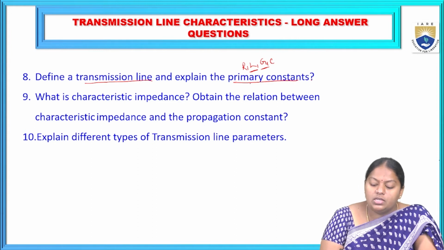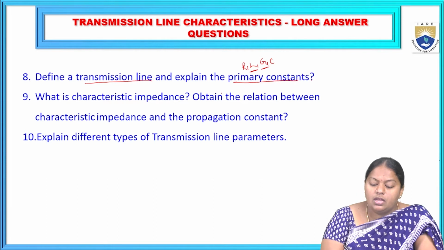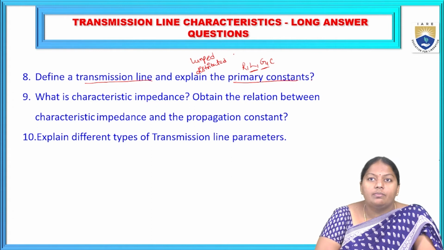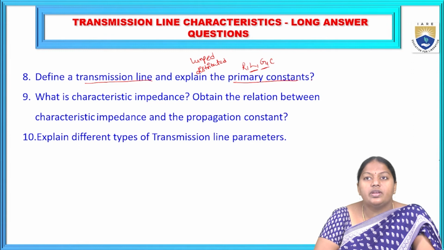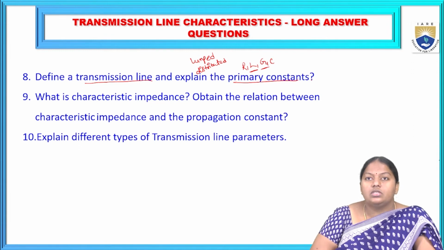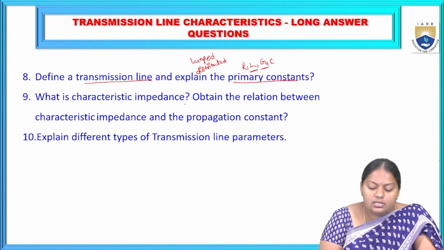Depending upon this, there are two different types of parameters we have to consider: one is the lumped parameter section, and the other is the distributed parameter section. All the primary constants of a transmission line, R, L, G, C, are said to be primary constants of a transmission line.